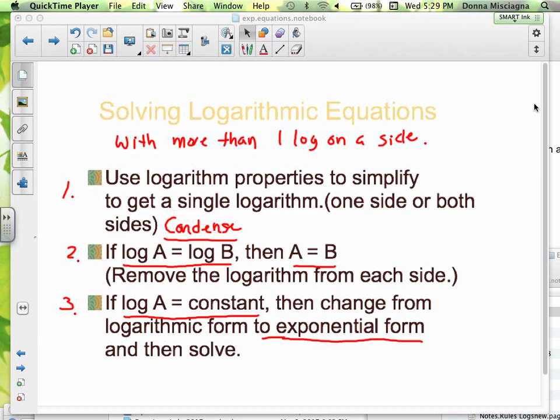So the problems here are the exact same ones we just did, except you've got to simplify first. Once we condense, we're going to have one of these two other types, because we're not going to have two logs. We're going to simplify the two logs to one. And when we do that, we have log equals log, drop the log, set them equal. If we have log equals constant, we rewrite it as base raised to a power gives us an answer, and solve.